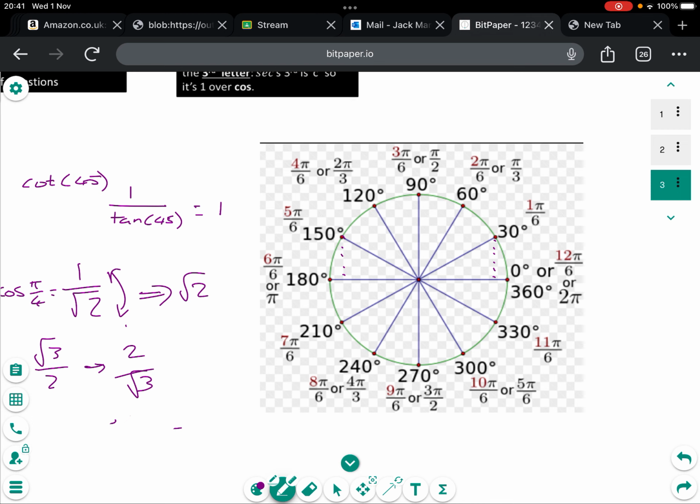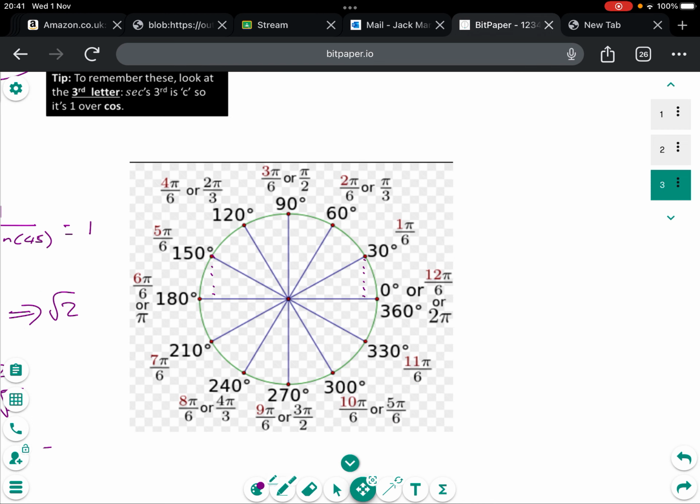Okay, so let's just do one more very quick example. So we could do this the other way around, for example. So cos of 60 degrees. Well, cos of 60, you may remember that that one is actually a half. So if you know cos of 60, the third letter would be sec.